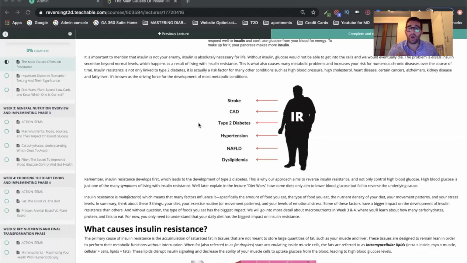That is the reason why people who follow this diet reverse type 2 diabetes, and their blood glucose metabolism goes back to normal, which means that their blood glucose values come down. But the good news is that they're not only reversing type 2 diabetes, they're also improving their overall health.